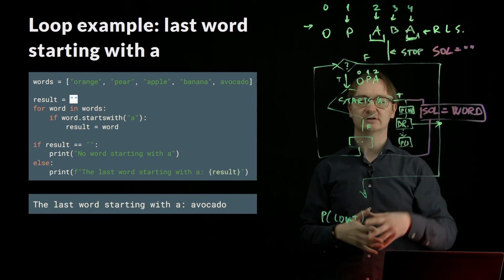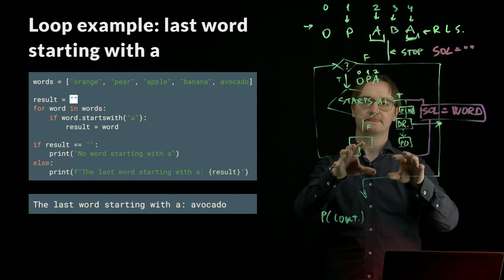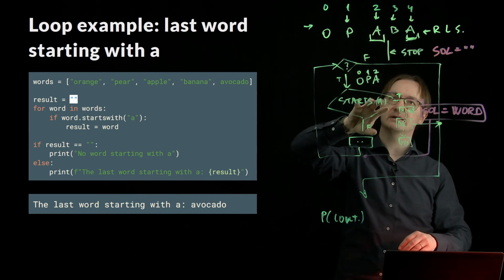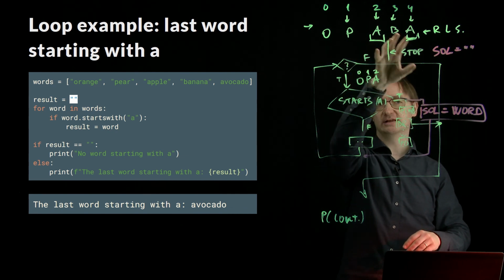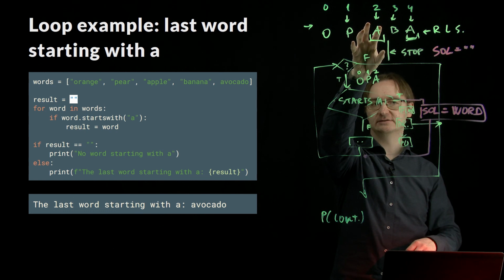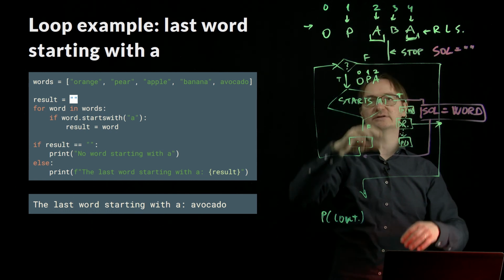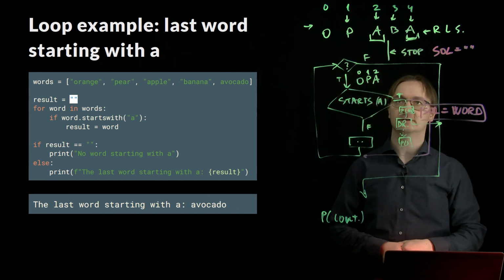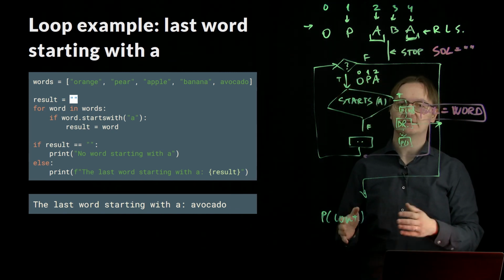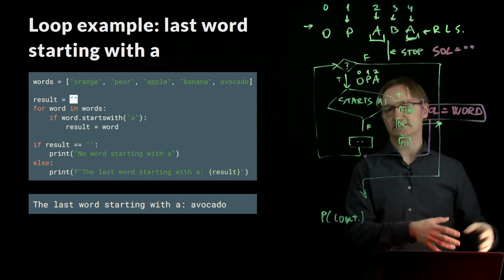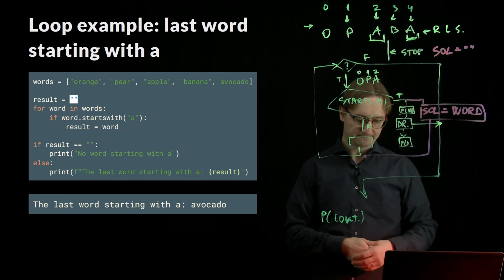And based on that, you can start building up the code. So you have to check whether, if you have found something, you can break or you cannot break, because you still have to look further. I cannot break if I want to find the last word with A, because I'm not sure whether there comes something after this first word or not. So I still have to, just in case, look at every element in a list.